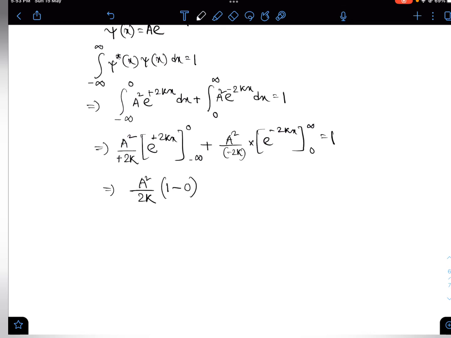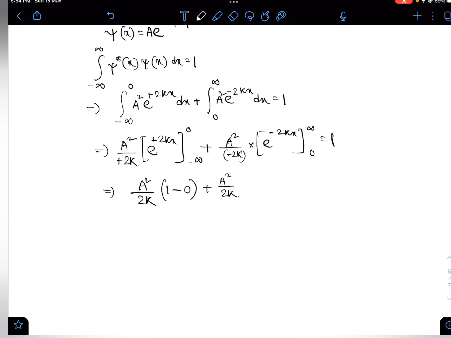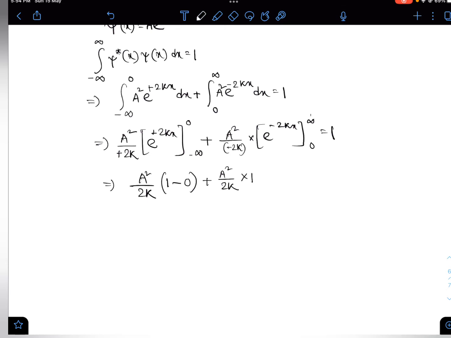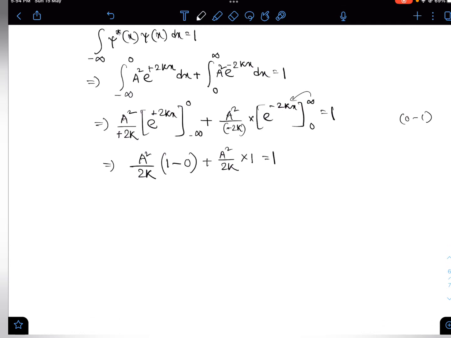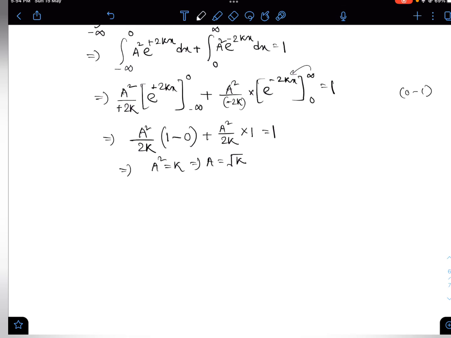And similarly from the second term we get A squared by 2k, so here is a minus, and so it will also be 1. Because this will give us 0 and 0 minus 1, so it will be minus 1, and this minus will give us plus. Okay, so we have A squared to be k, and we found A to be root k.